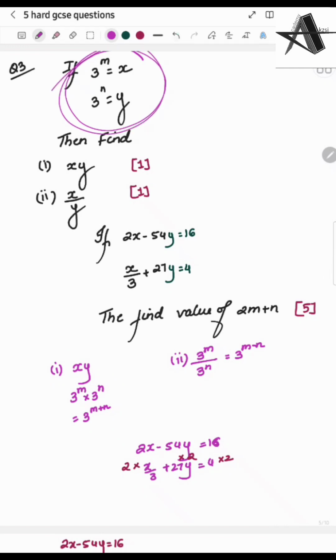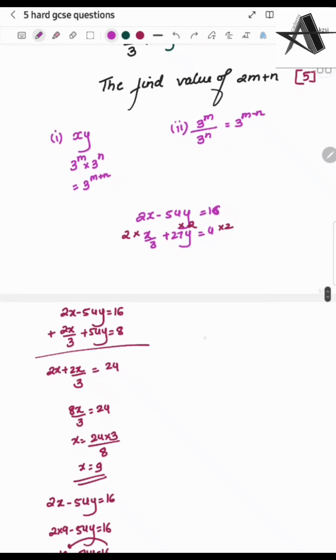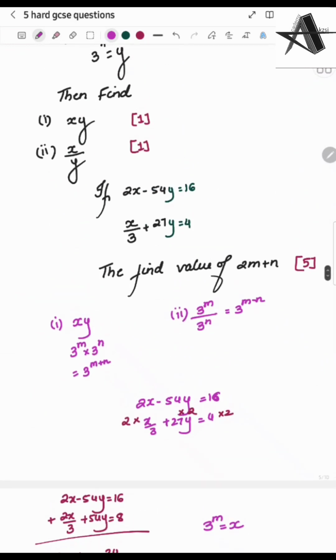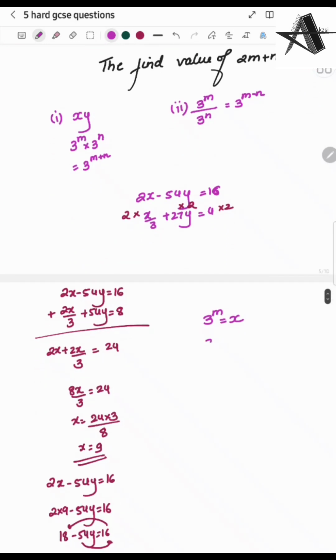So 3 to the power of m is equal to x, and 3 to the power of n is equal to y. x we calculated as 9, so I substituted it in this equation. 9 can be written as 3 squared. So 3 to the power of m is equal to 3 squared. Clearly, on comparing, I'll get m is equal to 2.